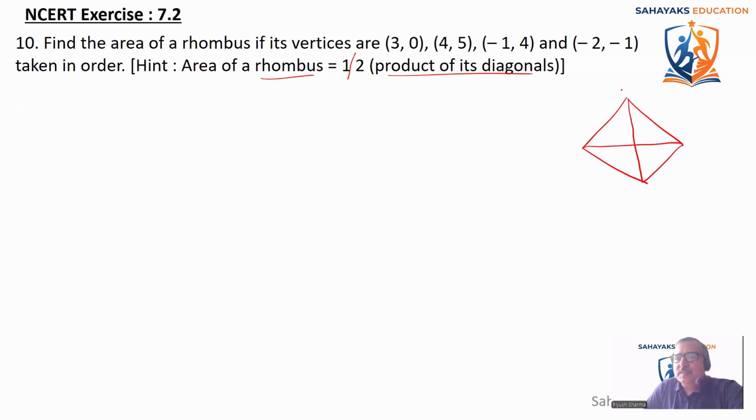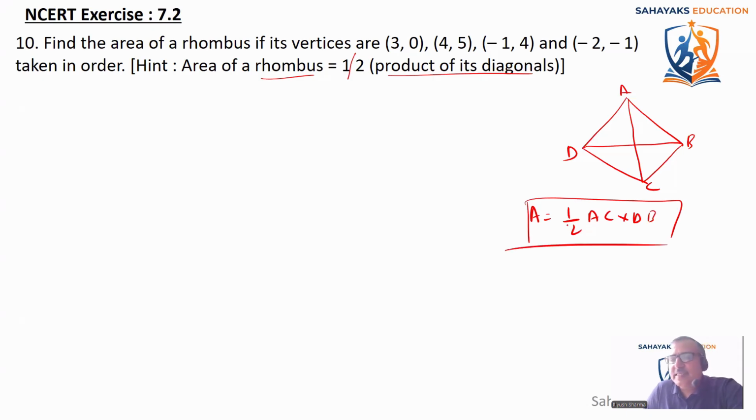So this is point A, B, C, D. So what is the area? Area is equal to half AC into DB. This is what you have to find out. So first we have to find the distance between A and C and DB, and then we can find the area.